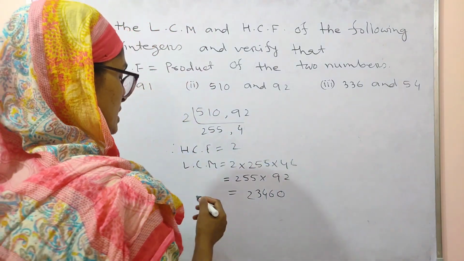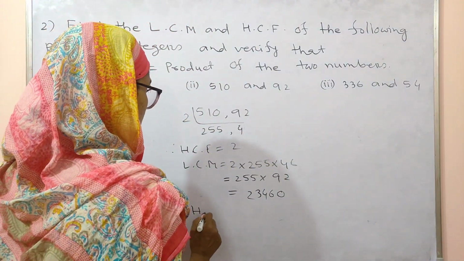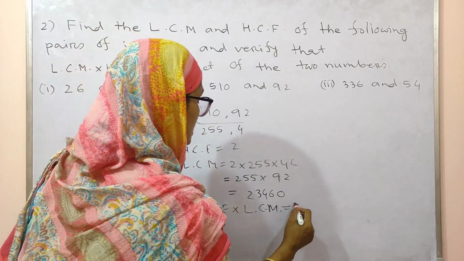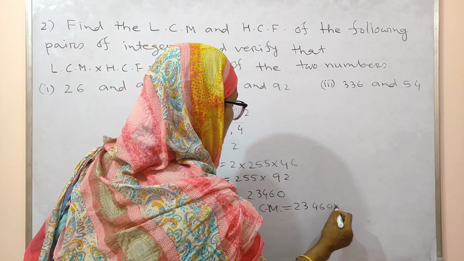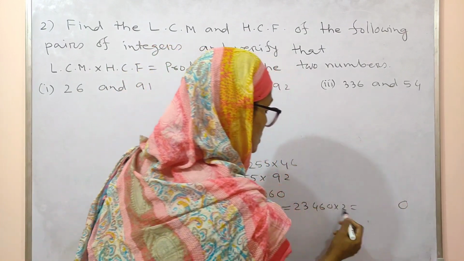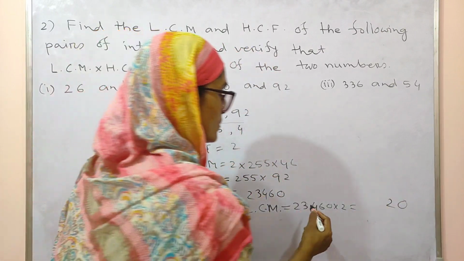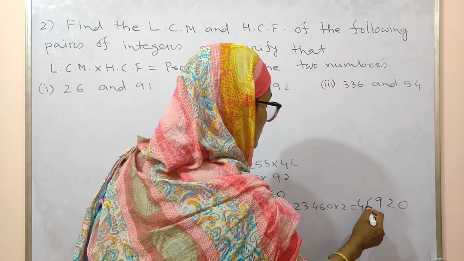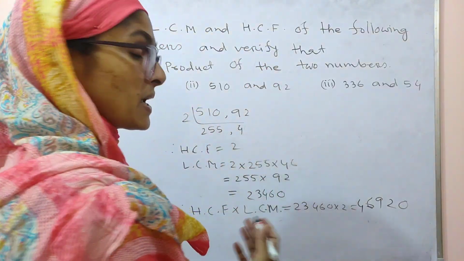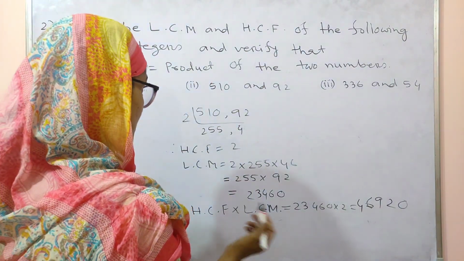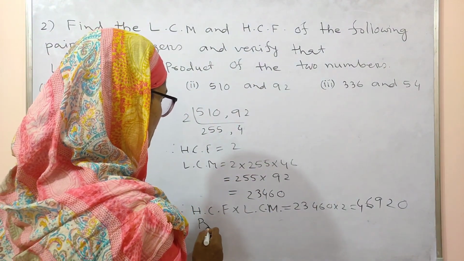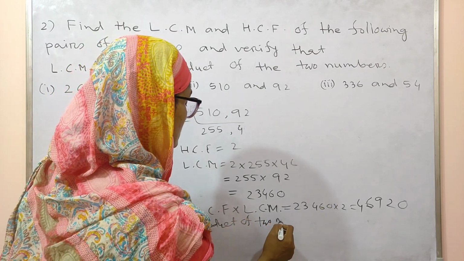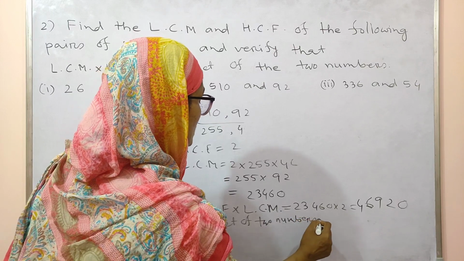So after that, you will find the product of HCF into LCM. You'll get 23460 into 2. You'll get 0. 2 6s are 12, 2 1 carry. 4 2s are 8 and 9. 2 3s are 6. 2 2s are 4. So you will multiply yourself. Next write down the product of two numbers.